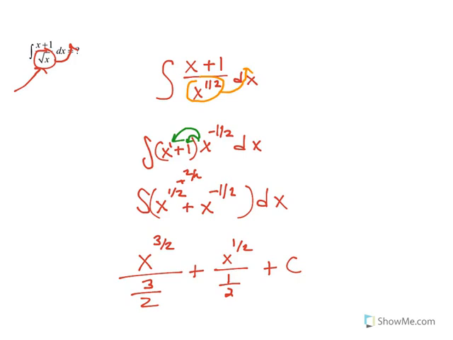So it would be pretty common for the final answer on an answer key to read 2/3 x to the 3/2 plus, and dividing by 1/2 would be like multiplying by 2/1, so 2 x to the 1/2 plus c.